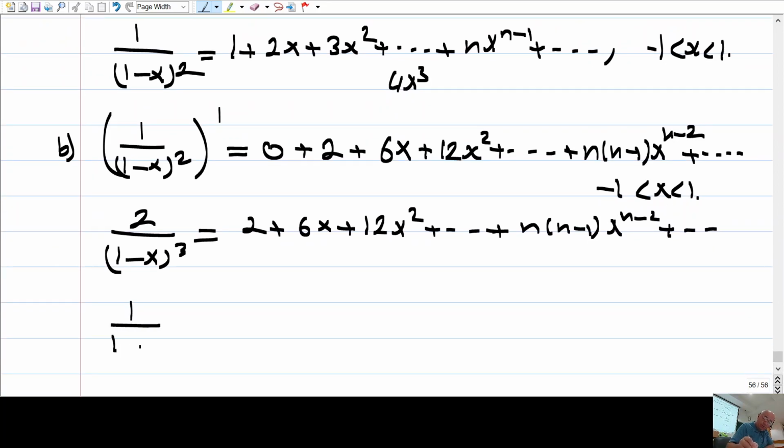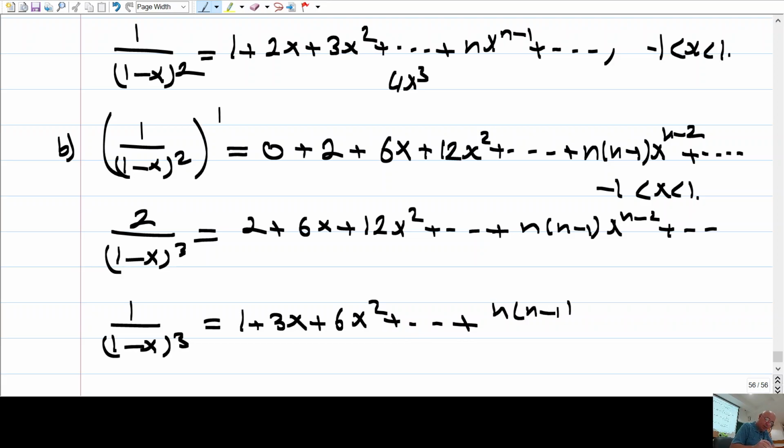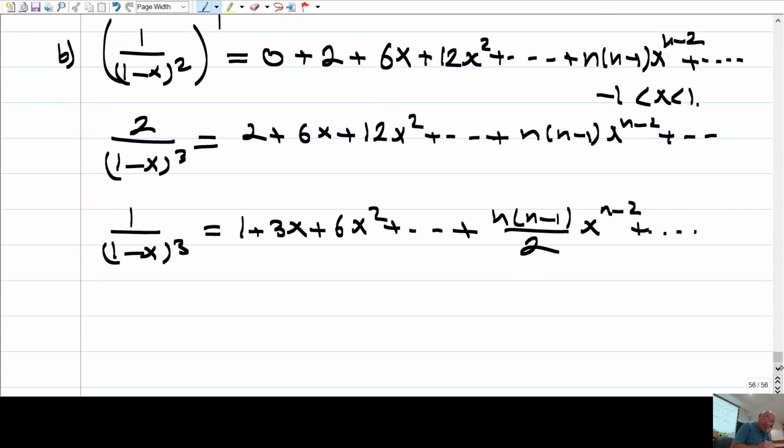So 1 over 1 minus x cubed is just 1 plus 3x plus 6x squared and so on, n times n minus 1 over 2. Okay.